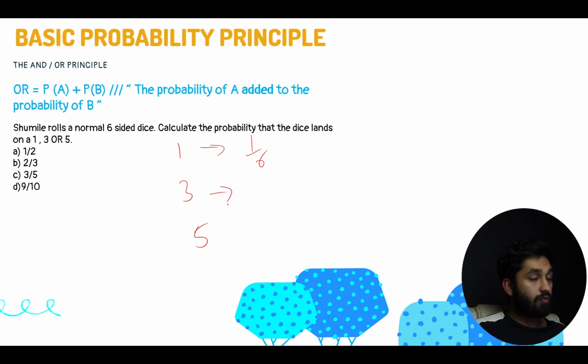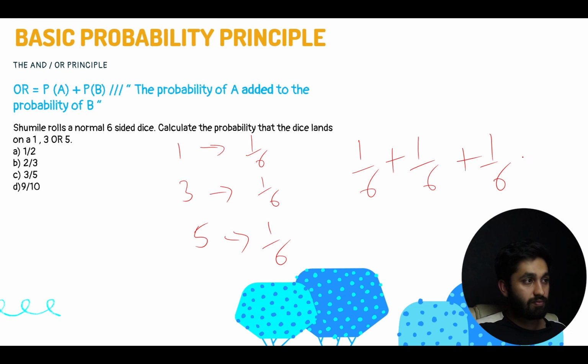The probability of rolling a 3, once again, it's a normal 6-sided dice. One of those 6 sides is a 3. And then the same again for 5, which is 1 over 6. And now we add them all up. And as a result, we get 3 over 6.